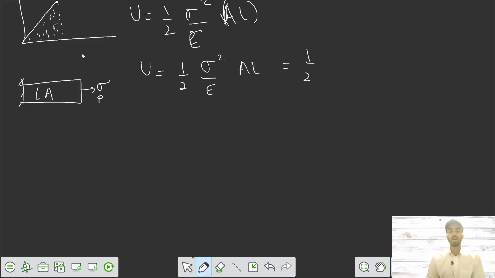Written in terms of P by A, you get P square by A square E into AL. Finally, you get strain energy equals P square L by 2AE.